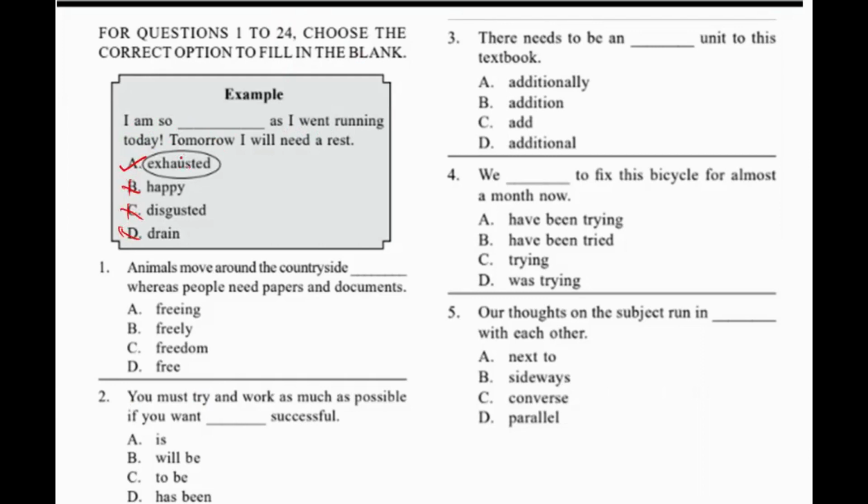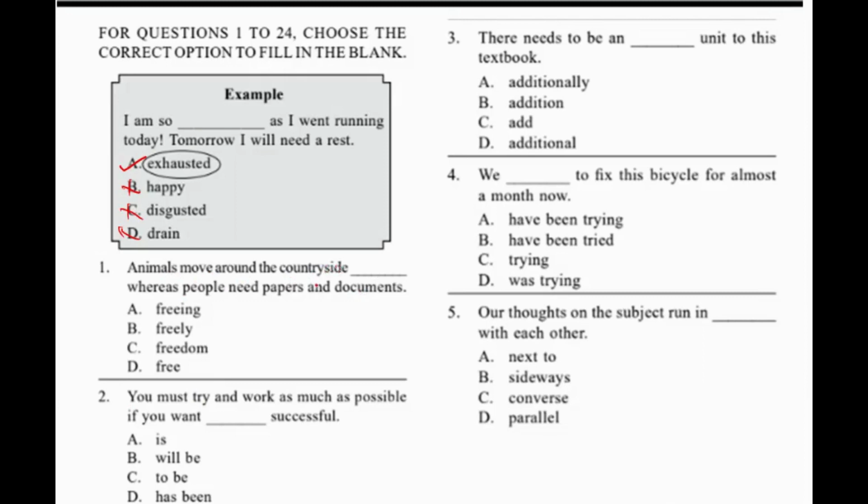Likewise, you have to answer these questions. Now the first question: animals move around the countryside dash, whereas people need papers and documents. This is related to action, like animals move around the countryside. How do they move? So you have to use the correct adverb to describe that action.